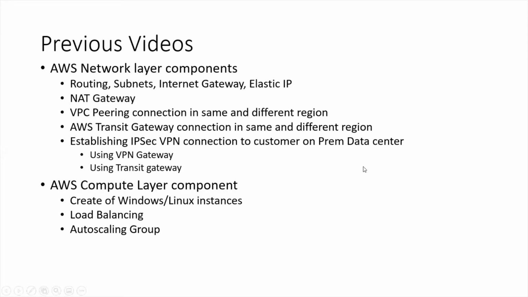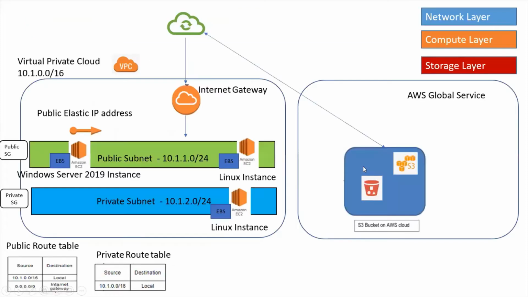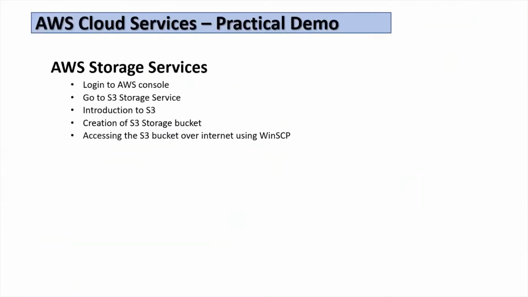So we have added the network layer and compute layer, and in this video I'll add the storage layer. In this first video, I'll introduce you to S3 storage, and we will create an S3 storage bucket and see the different options in the S3 bucket, like tiering options and versioning options.